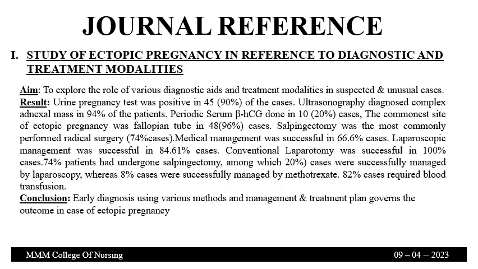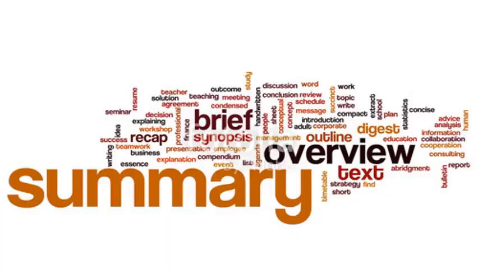Conventional laparotomy was successful in 100% of the cases, and 74% of patients had salpingectomy, among which 20% of cases were successfully managed by laparoscopy, whereas 8% were successfully managed by methotrexate. 82% of the cases required blood transfusion. So the conclusion is early diagnosis using various methods, and the management and treatment plan, governs the outcome in case of ectopic pregnancy. So that's about the journal reference of the ectopic pregnancy.